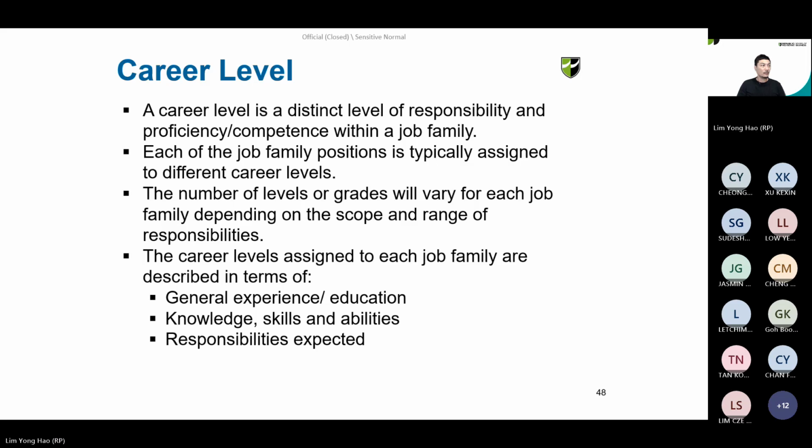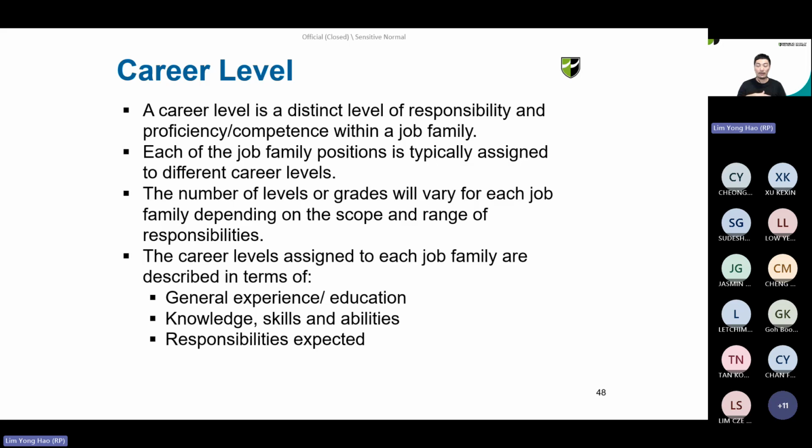I think in the public sector, they may call it job grade. In other places, I'm not sure what else they call it, but grade could be something that is quite consistent across. Job grade allows you to make distinction between different levels of responsibilities and competency. We call it career levels.